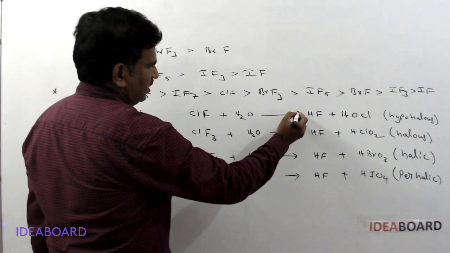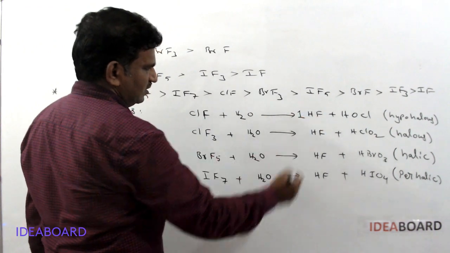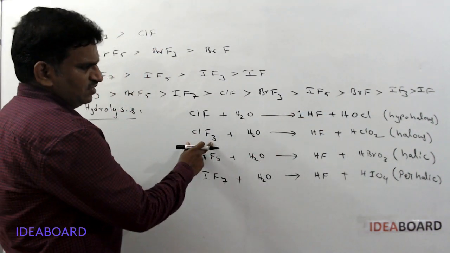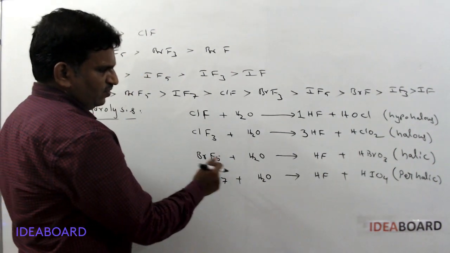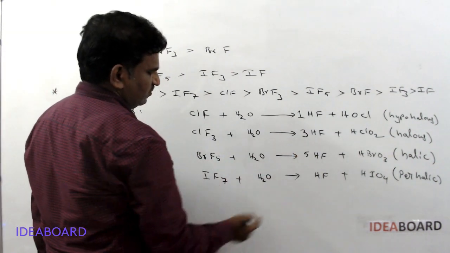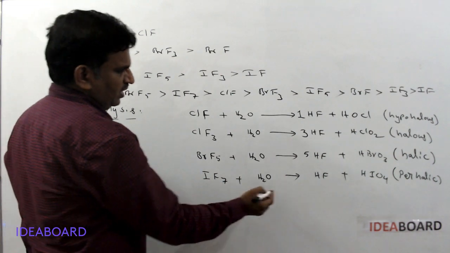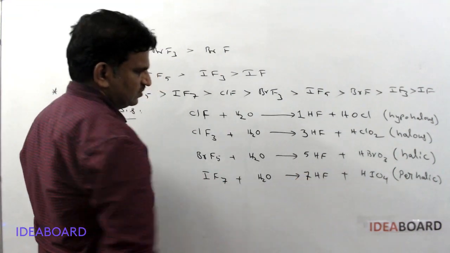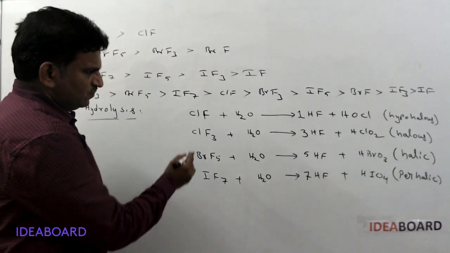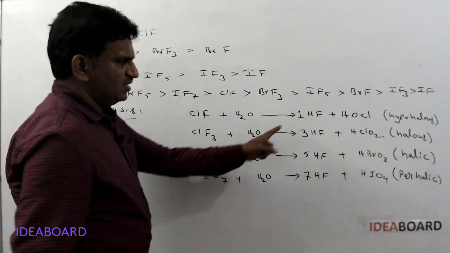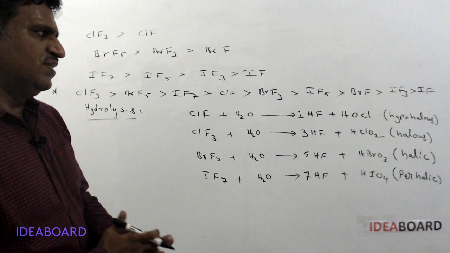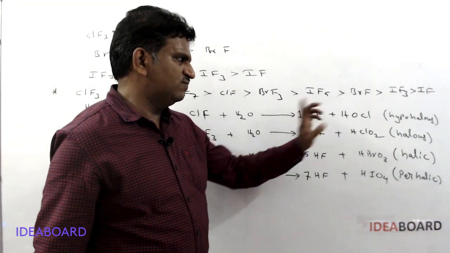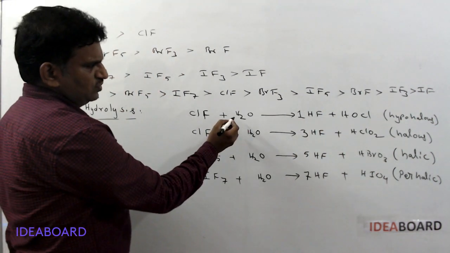One, so I write 1 HF only. Next, 3 fluorine atoms, so 3 HF. 5 fluorine atoms, so 5 HF. 7 fluorine atoms, so 7 HF. So this 1, 3, 5, 7 we write as 1, 3, 5, 7. And next, how many hydrogens do we need? See here, 1 plus 1, 2. So here H2 is present.